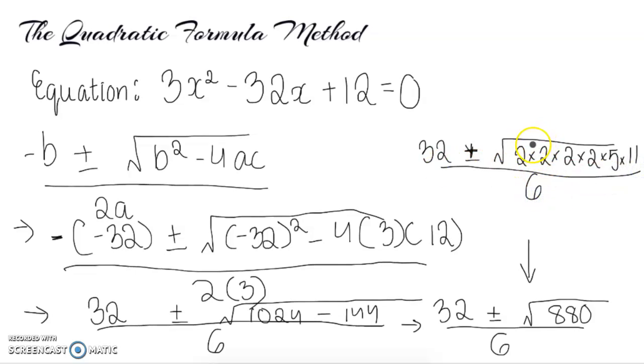Now I can take 2 out and I can take this 2 out because 2 times 2 is 4 and root 4 is 2. And again 2 times 2 is 4 and root 4 is 2.